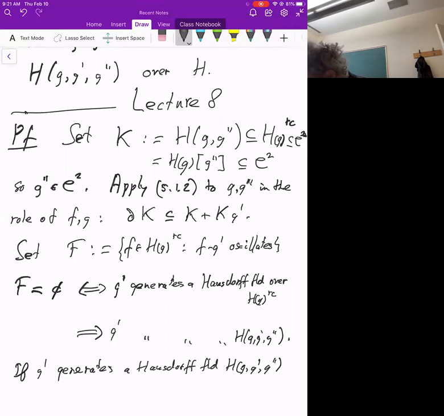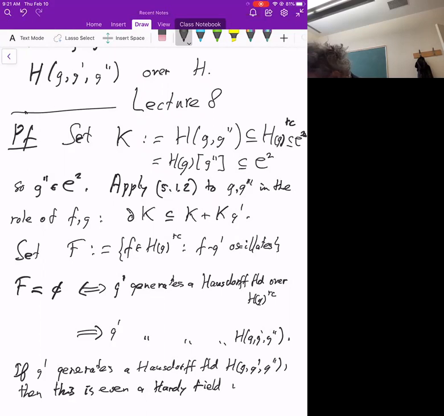Then this is even a Hardy field. Since all the quantities indicated are C1, this is certainly a subset of C1, even a Hardy field.